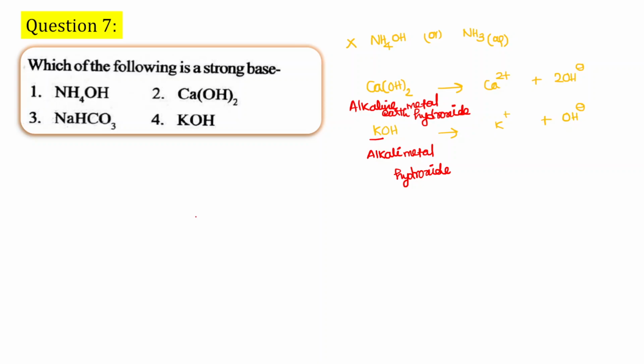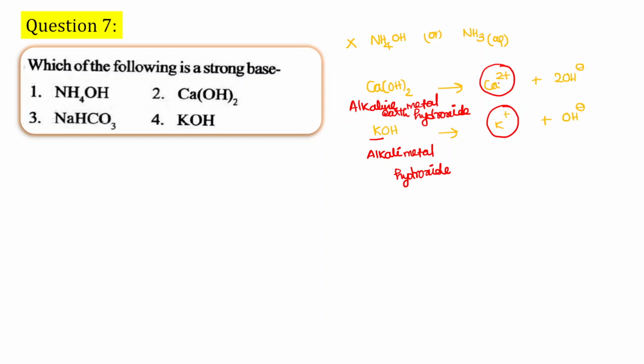Why? Because losing electrons is quite easier. It has to be seen in terms of which cations can be easily produced rather than looking at OH minus. It's not the number of OH minus that decides the basic nature here.